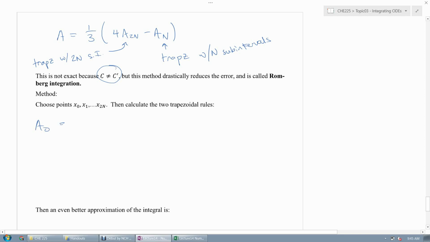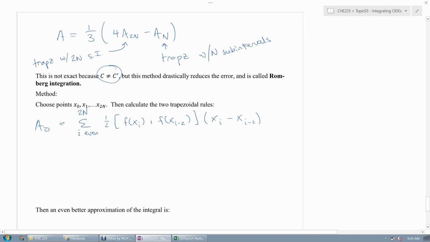The first trapezoidal rule, which I'm calling area 0 here, is equal to the sum over i even, up to 2n, of the trapezoidal rule, 1/2 times f of x i plus f of x i minus 2, times the interval x i minus x i minus 2. So i starts at 2, then 4, 6, 8, all the way up to 2n.